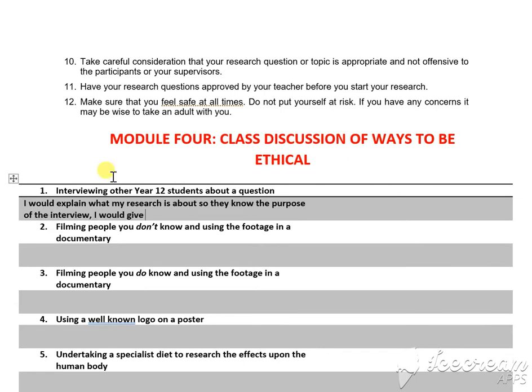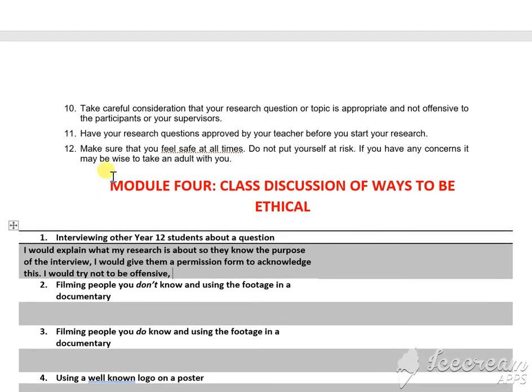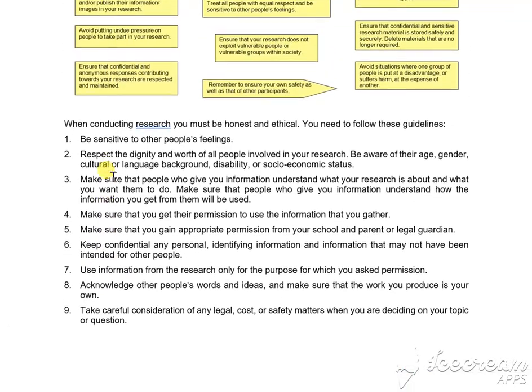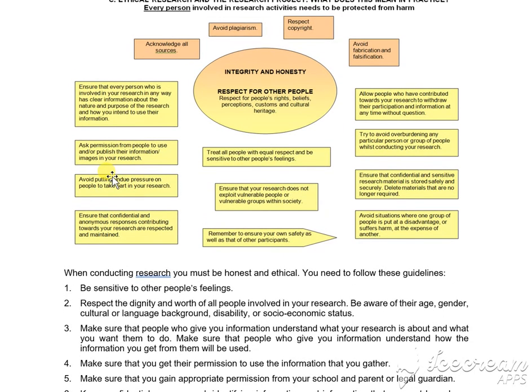I would give them a permission form to acknowledge this. Other things, I would try not to be offensive, etc., etc. And so what I could do is go through and just pick out the key principles here that are likely to be important for that scenario.